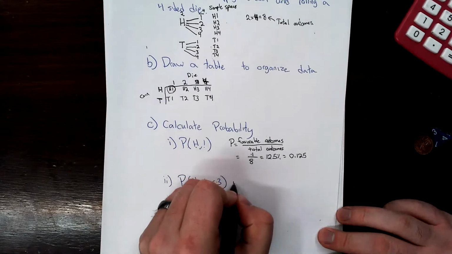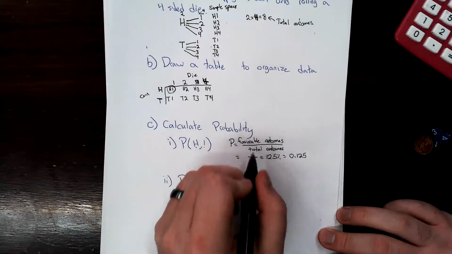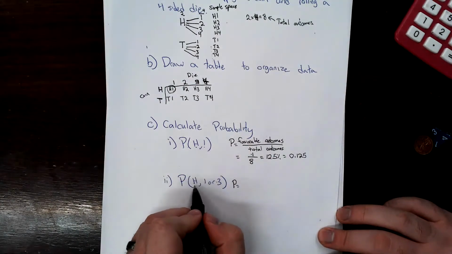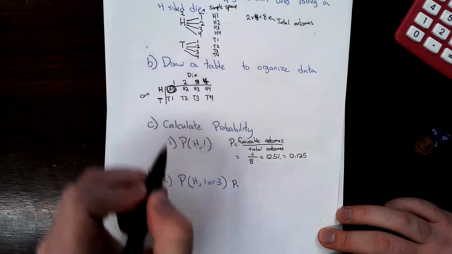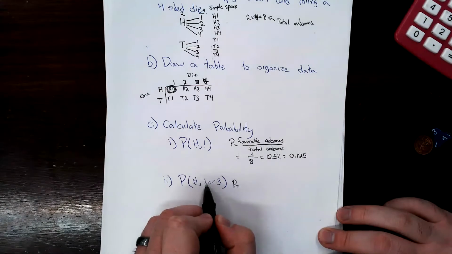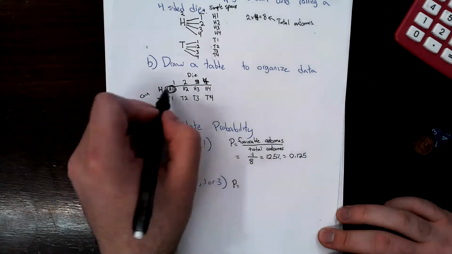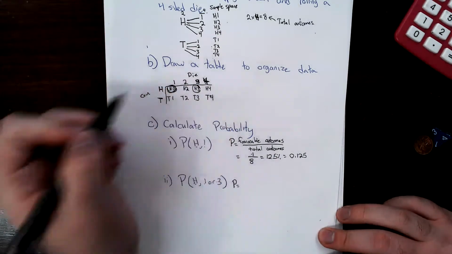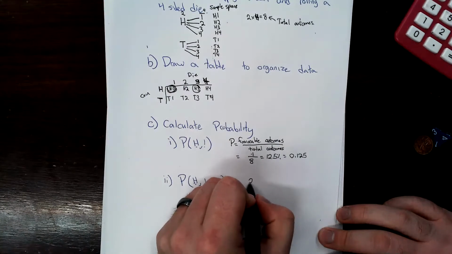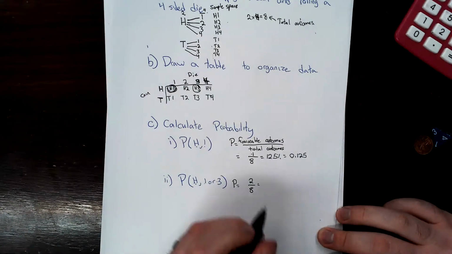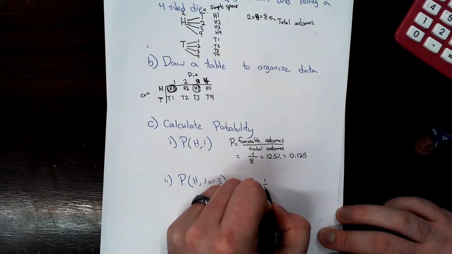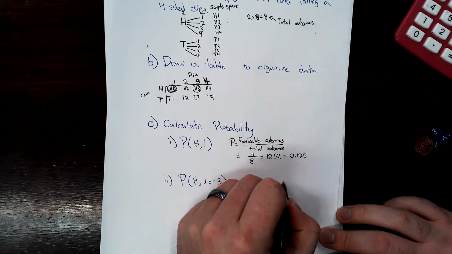Well, probability is equal to favorable over total. Favorable outcomes: we want a heads 1, which I have circled here already, but we want a 1 or a 3. So a 1 or a 3 is going to be there, which is 2 out of 8. Now, when we have a fraction, we could reduce it to 1 out of 4, which equals 25%.